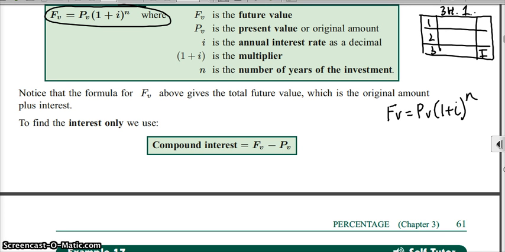Now the beauty of the compound interest formula, in the simple interest formula, you'll remember that that just gives you interest. And so if you want to know what your total was, you've got to then add that to your original amount. All right. Well, with compound interest, this formula gives you all of this.